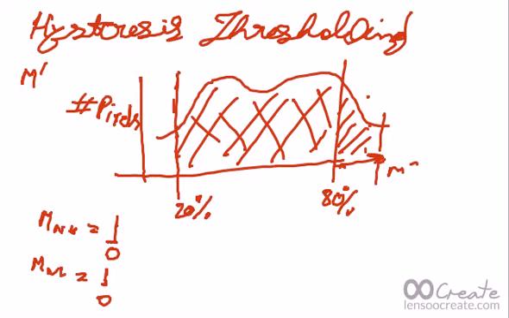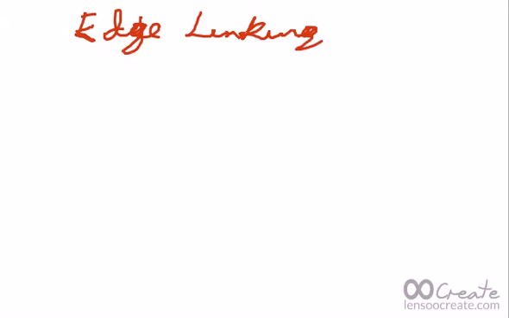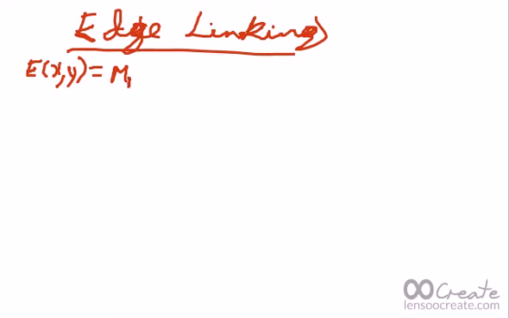Now the next step is called edge linking. Here we create a matrix E(x, y) equal to MNH(x, y), as we found MNH in the last slide.